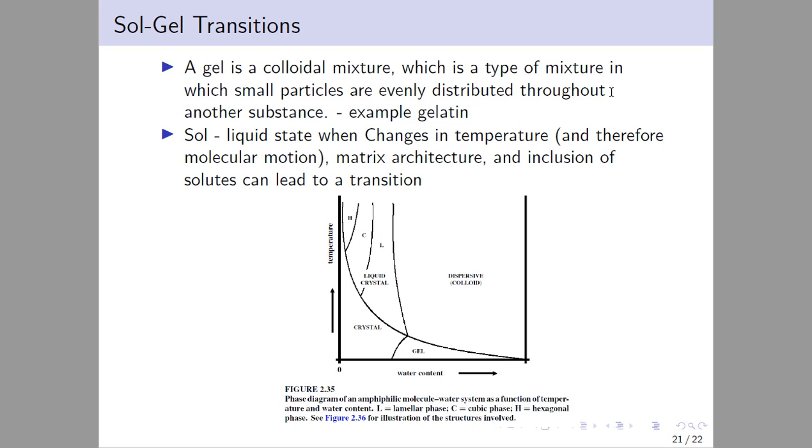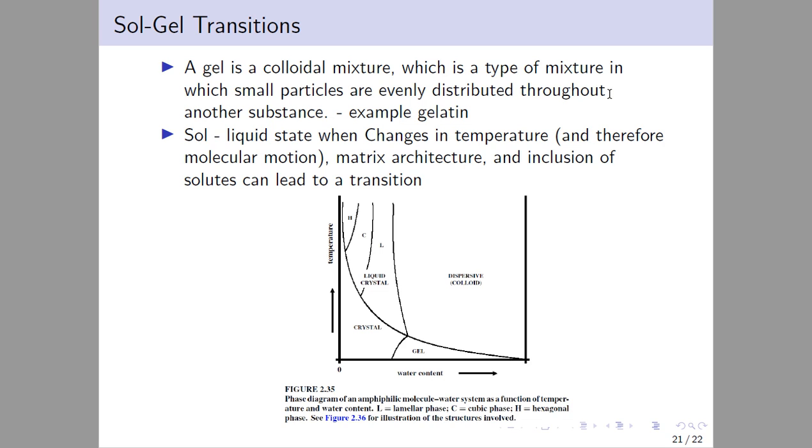So next we have the sol-gel transition. We know that a gel is a colloidal mixture, which is a type of mixture in which small particles are evenly diffused throughout another substance. These are examples, gelatin, or in other cases our hair gel. Sol is a liquid state. A change in temperature, and therefore molecular motion, matrix architecture, and inclusion of solute can lead to a transition.